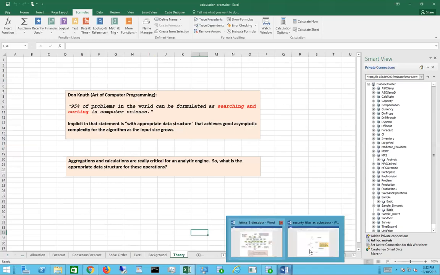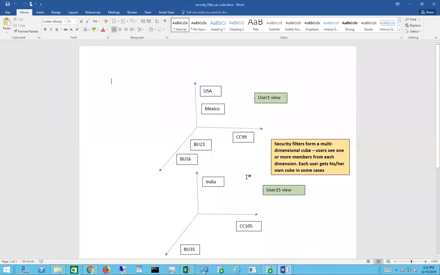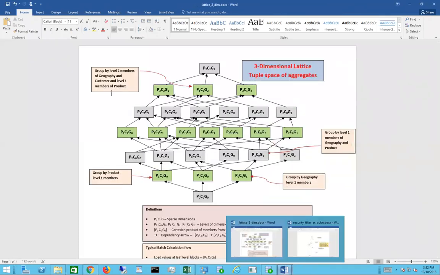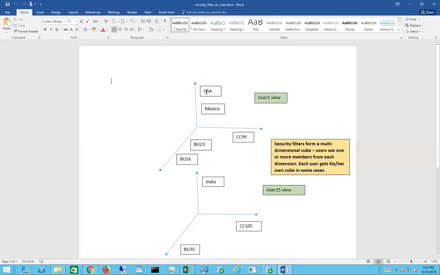The other thing I want to point out is that when it comes to security sensitive aggregation, even security filters form a cube, a big tuple space. For example, user one can only see certain geography, certain cost center, certain business unit, and user 15 can only see some of them.